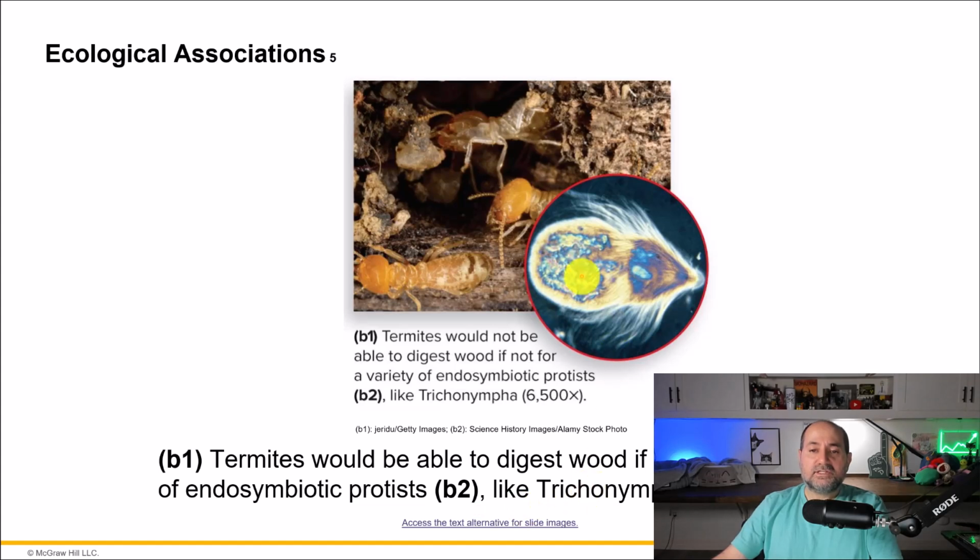And so it's a mutualistic symbiotic relationship, right? The termite eats the wood, it is broken down by the protozoa. The protozoa then releases those nutrients to the termite for the termite to grow, right? So they both require each other for nutrition. This is an obligate symbiosis.